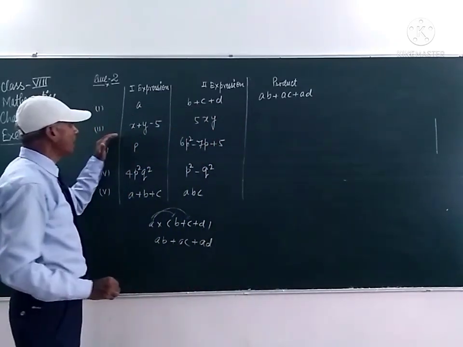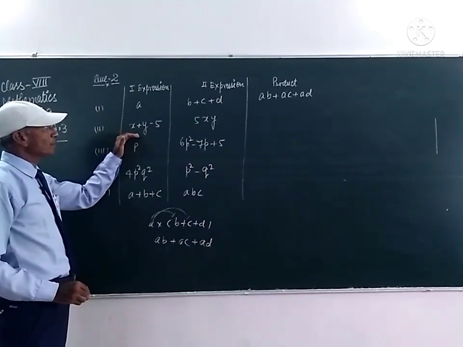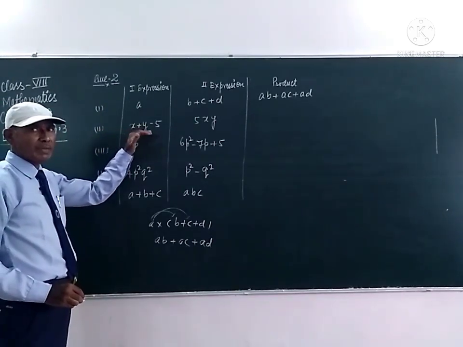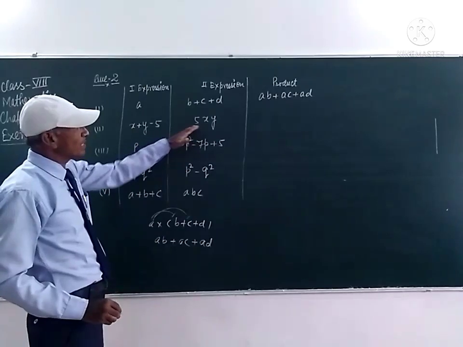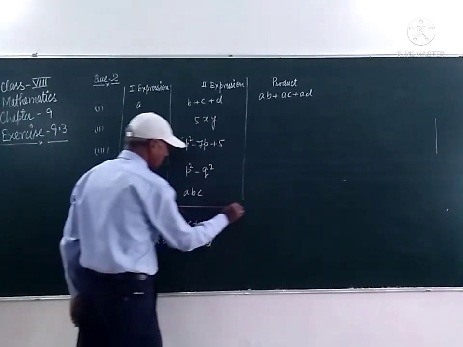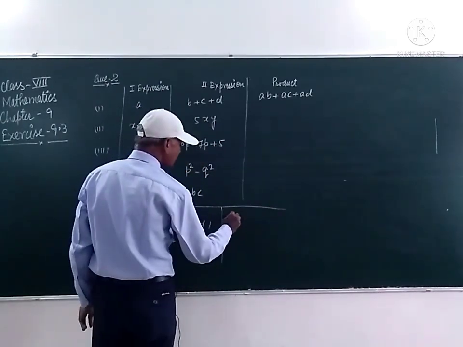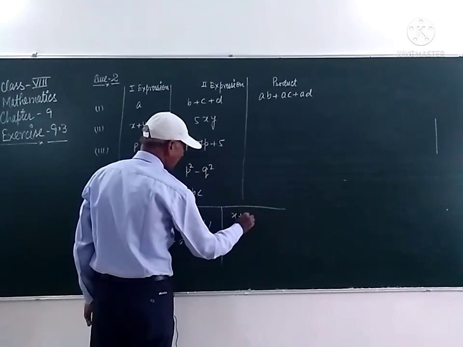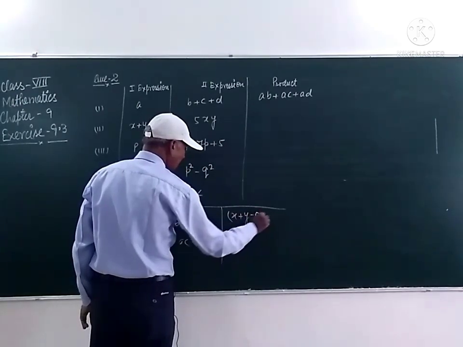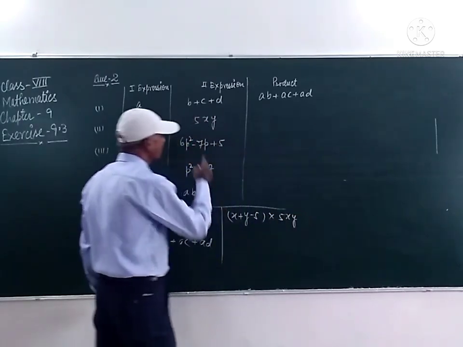Now we have to multiply the second part of this question, and the first expression is (x plus y minus 5) and the second expression is 5xy. So student, we have to multiply this (x plus y minus 5) into 5xy. Clear, student?